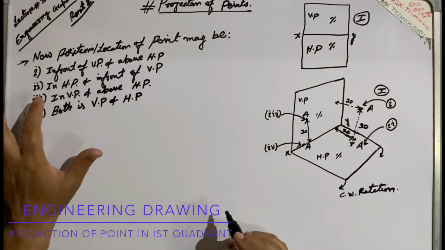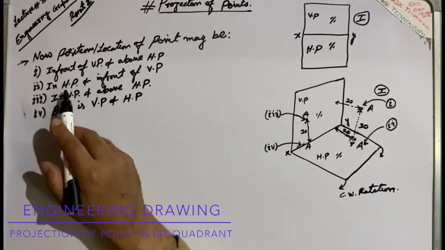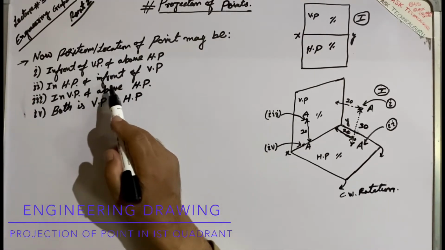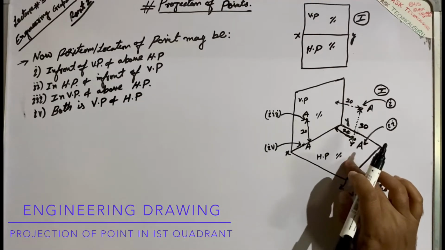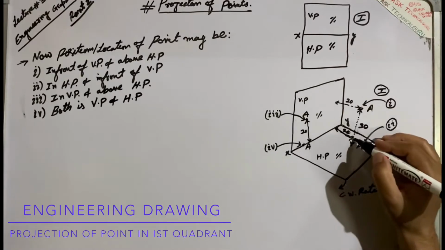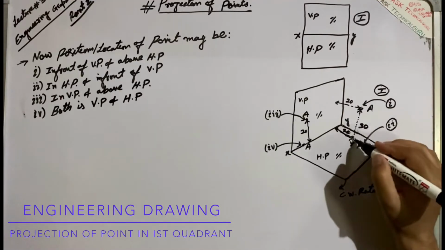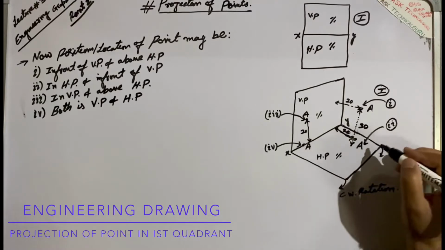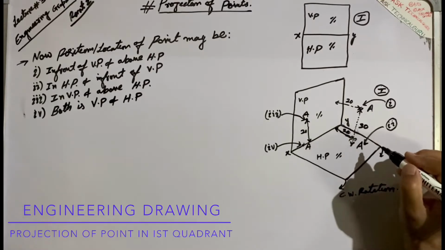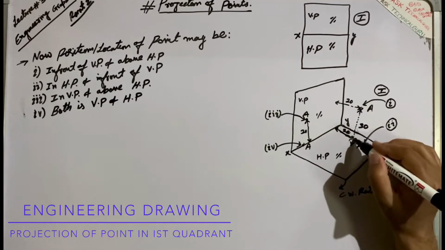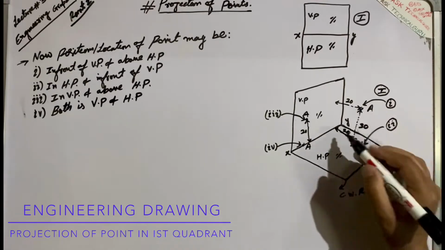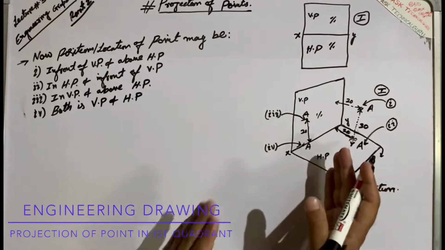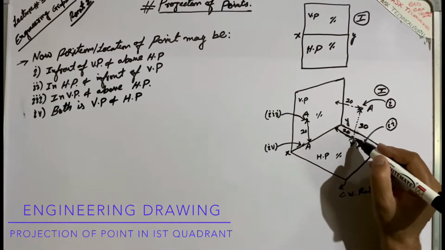The second condition is that the point may be in the horizontal plane and in front of the vertical plane. This is the horizontal plane and the point is here. This is point A, 20 mm in front of the vertical plane but in the horizontal plane.